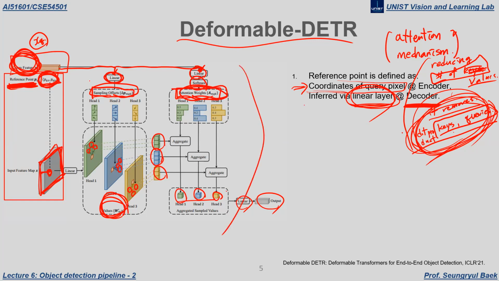And do the same for self-attentions, okay? And do the similar thing for cross-attention mechanism. When finding reference point, we need to infer some reference point from the query values via the linear layer, okay?